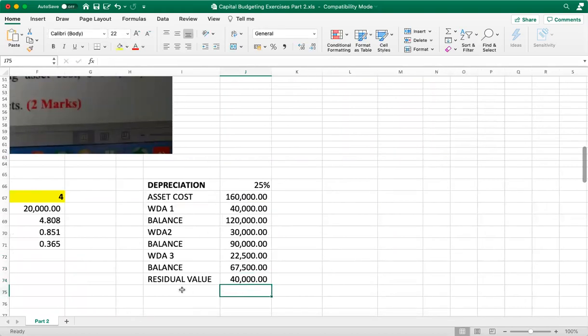Enter. Then we look for the balance. The balance is 67,500 less 40,000. So the writing down allowance for year four is 27,500. This is our balancing charge. This is our depreciation for the last year.